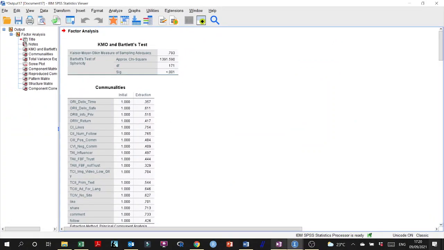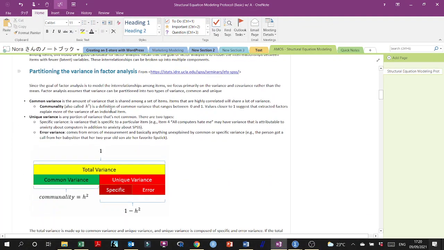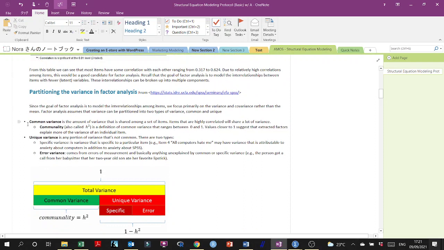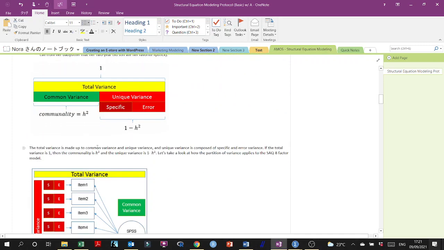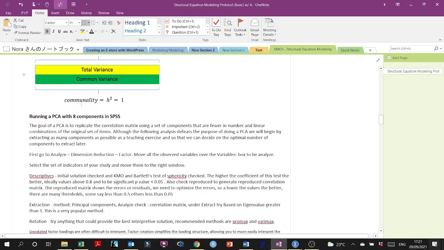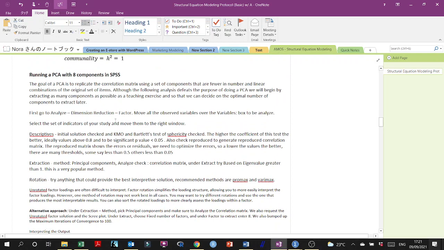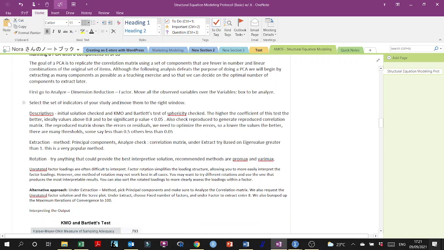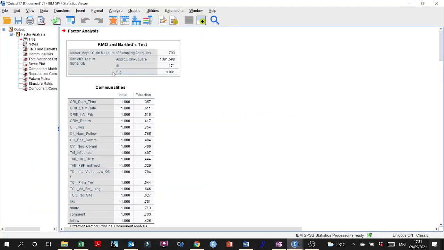In this sheet, I also explain what communality is, what unique variance is, what specific variance and error variance are, and also factor extraction, rotation, and so on. All right. So let's now talk about the results.